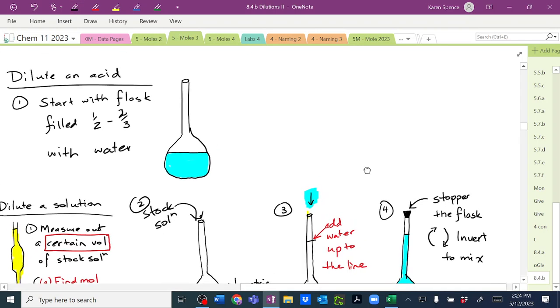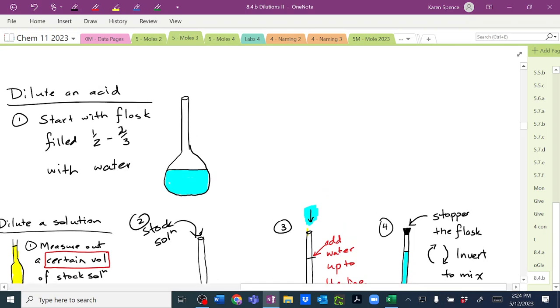And then the second thing we're going to do is now we're going to add in the stock solution. So that's step number 2. Add in the acid stock solution. Okay, and that's going to be like yellow.